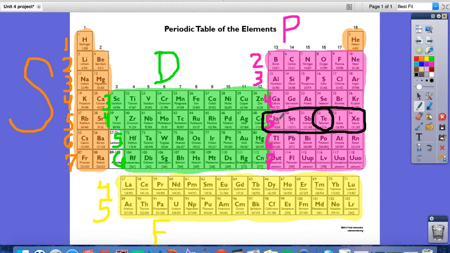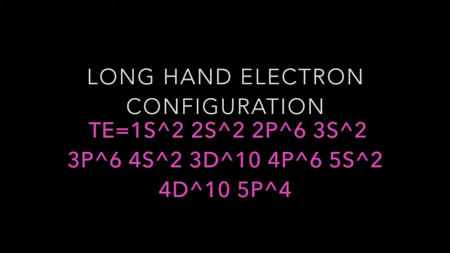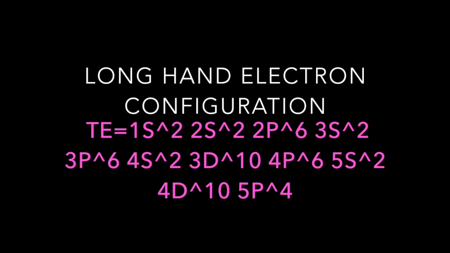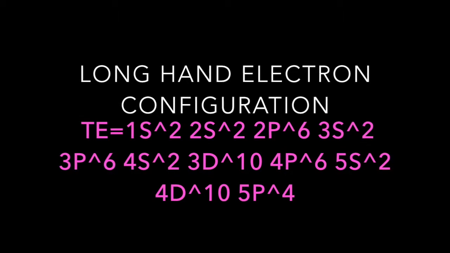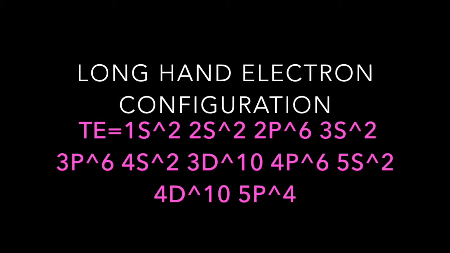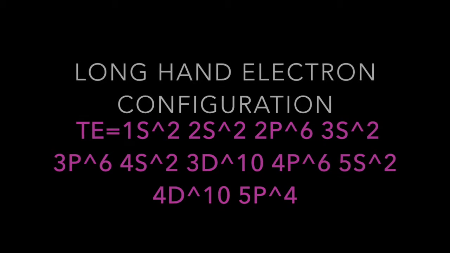So it's like 5p1, 5p2, 5p3, and 5p4. You would write out all of those as you go along, and that would be the longhand electron configuration for tellurium. So check your work with mine to make sure that we both got the same answer.